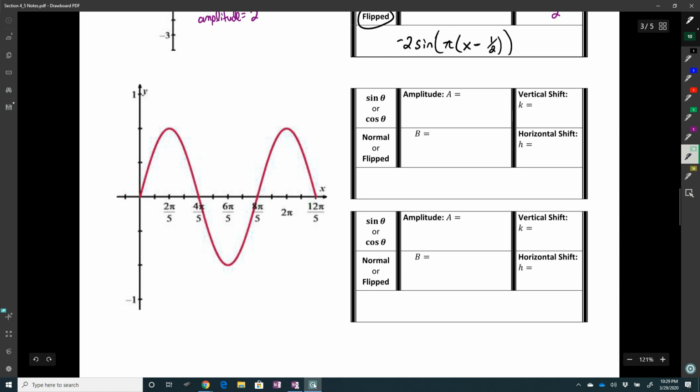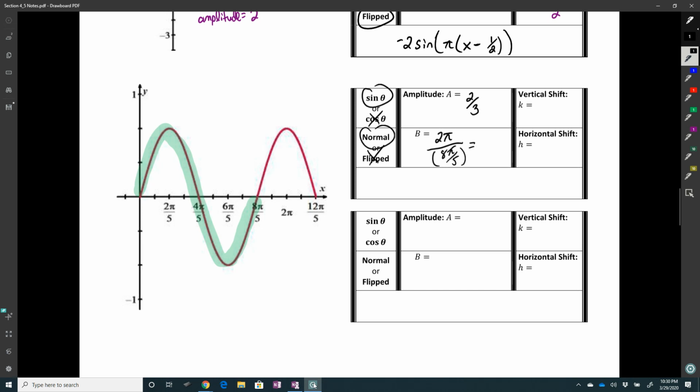All right. So anyway, the first thing we notice is that there's a sine wave. It's a regular sine wave. And the amplitude, let's see, if this is 1 up here, then this would be 2/3. Whereas for b, notice that the period is 8 pi over 5. So 2 pi divided by parentheses 8 pi over 5.